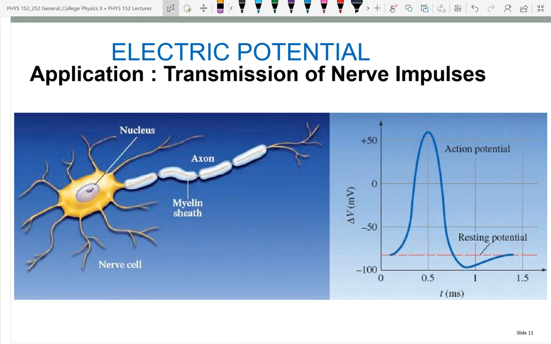You have some nerve here, and you have the electrical signal coming through, the action potential. When I stick my finger in hot water, I have a signal that tells my brain, ooh, that's hot. That was transferred by electrical signals going down these nerves. So the body is using electricity, the thing we're talking about, to measure what's going on.